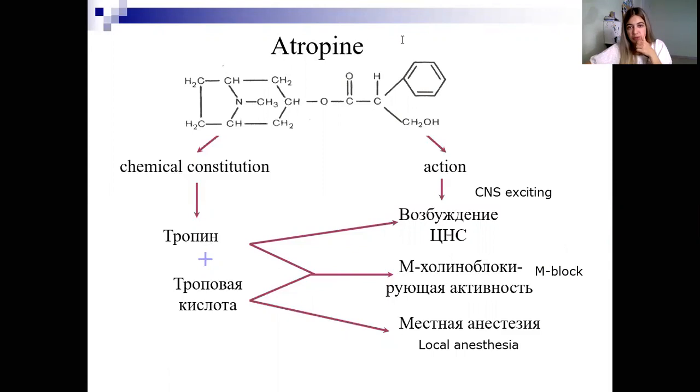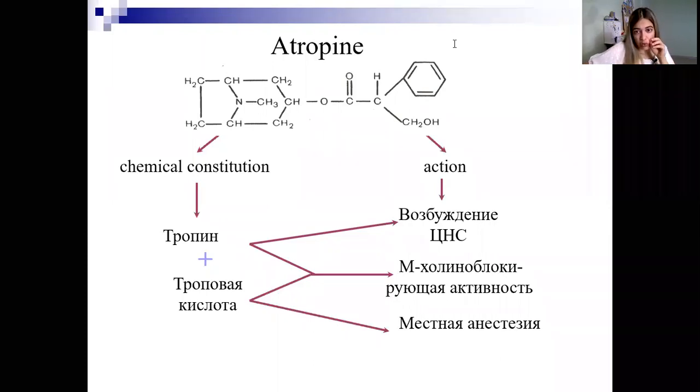So the atropine, if it is broken down into two separate parts, the alcohol itself and the tropic acid itself, will give you only one effect, the CNS exciting or local anesthesia. But only together they can give M-cholinergic blocking effect. I hope this is understandable, that blocking can be observed only when the whole molecule is used.